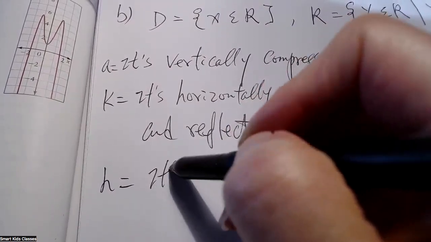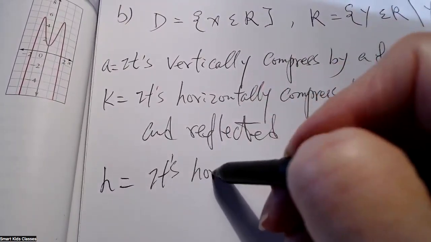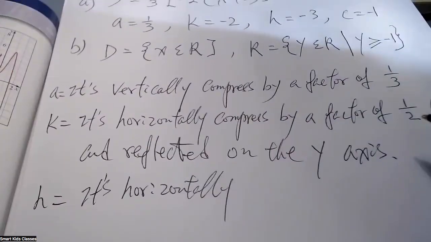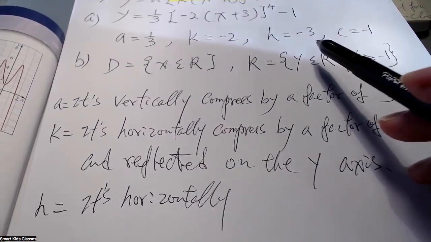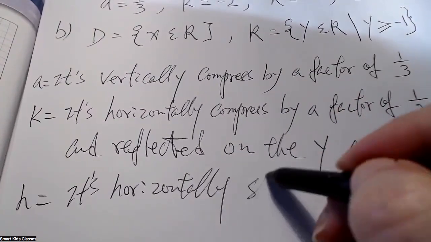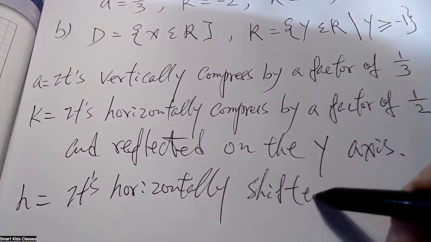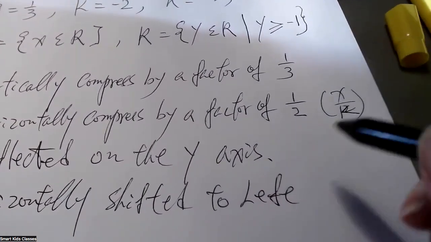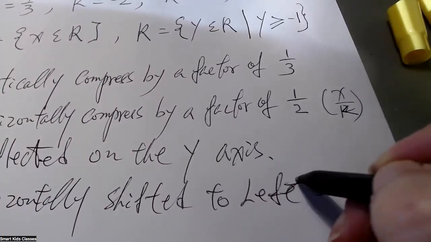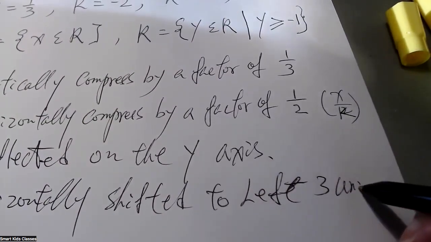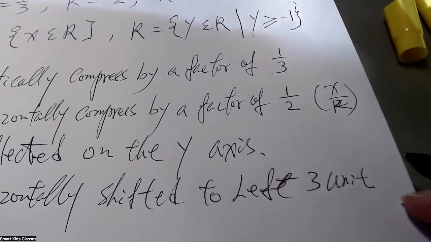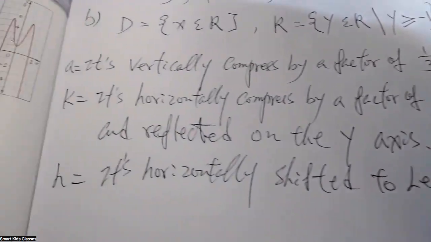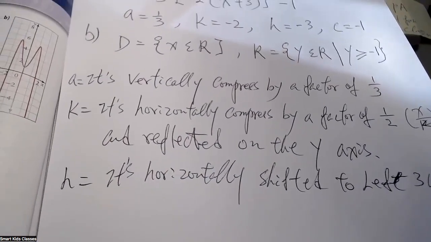Now we are going to write h. It's horizontal, so it's going to be -3. Shift it to the left three units. So 3 units to the left. Good. Now the last one is C. C equal -1.